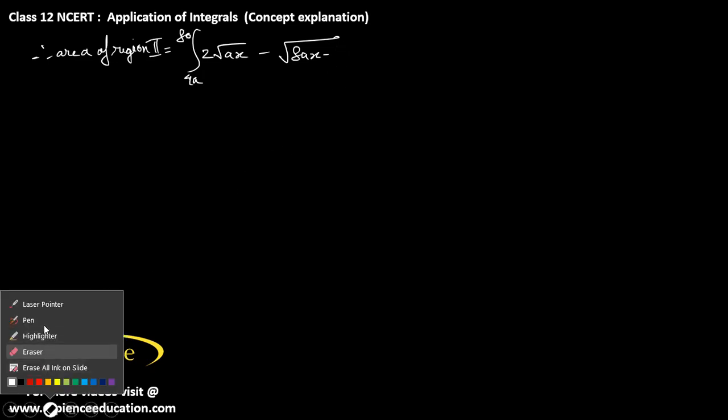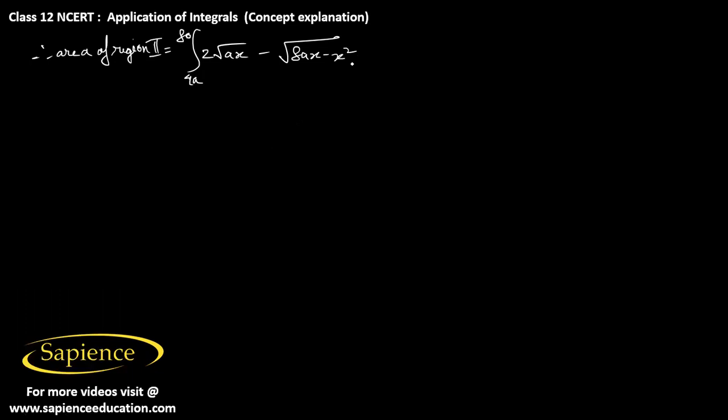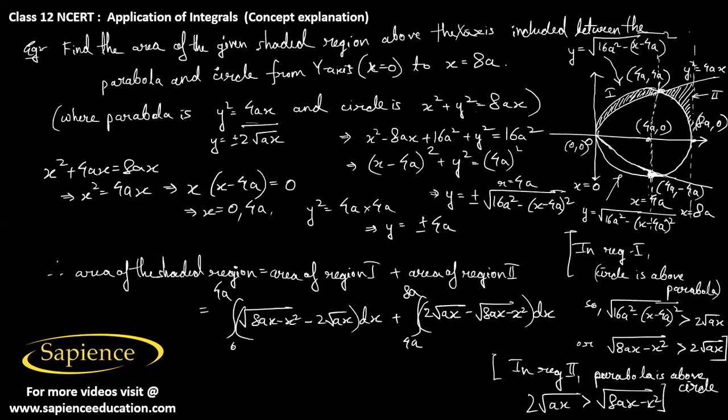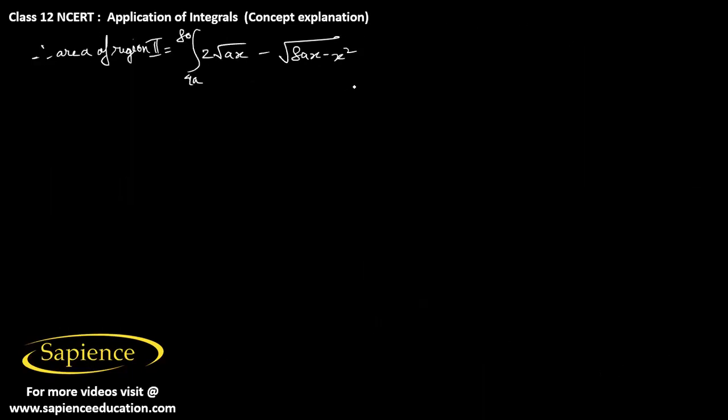And then we need to find the area of the region 2. So therefore the area of the region 2 will be equal to the integral from 4a to 8a of 2 root ax minus the square root of 8ax minus x², into dx.